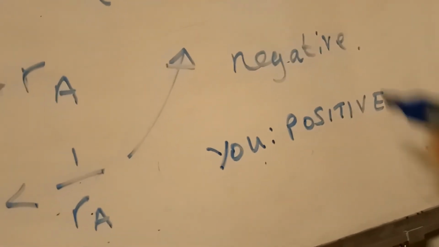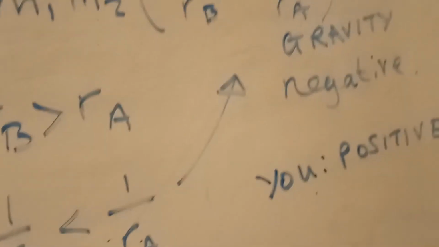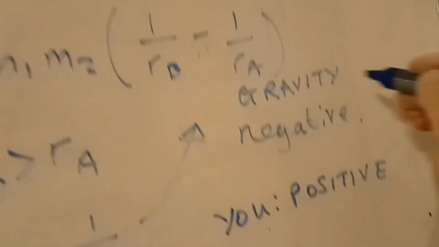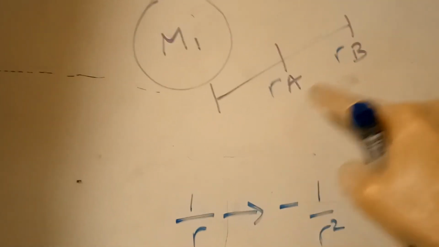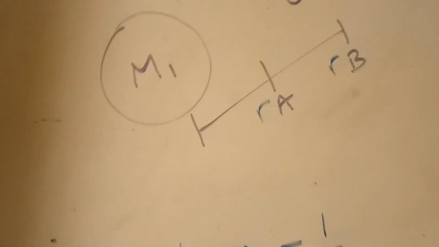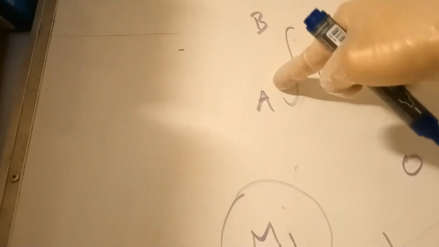Gravity is doing negative work, and you are doing positive work because you're going from A to B. You need to move away from the gravitational field, so you need to do work by moving it away. And remember that the upper limit is B, the lower limit is A.